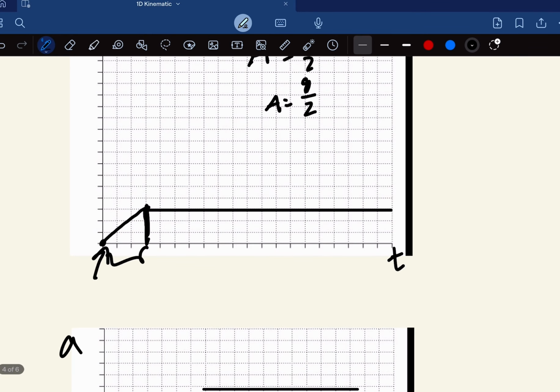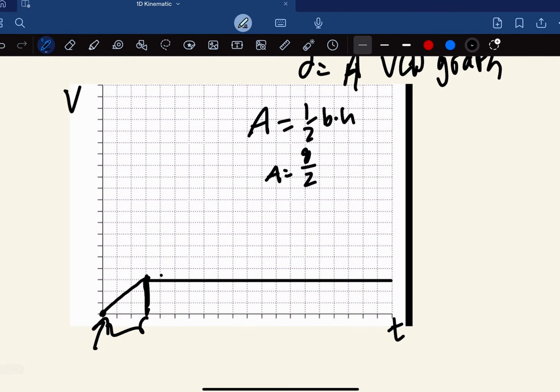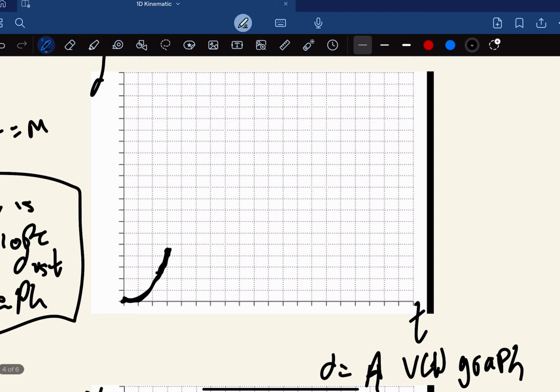Now, since we know that the slope of a distance versus time graph is equal to our velocity, and our velocity is 3 for the rest of this time, we know that our graph must have a slope of 3, so 1, 2, 3, and again, 1, 2, 3, and that is the rest of our graph.